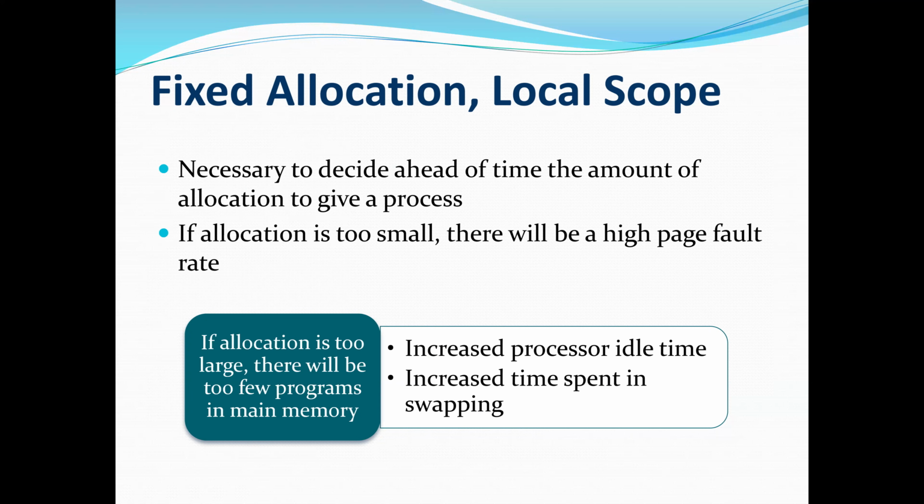Or if allocations tend to be unnecessarily large, then there will be too few programs in main memory, and there will be either considerable processor idle time or considerable time spent in swapping. So that's increasing the time spent swapping if allocation is too large. And if allocation is too small, again, there will be a high page fault rate.